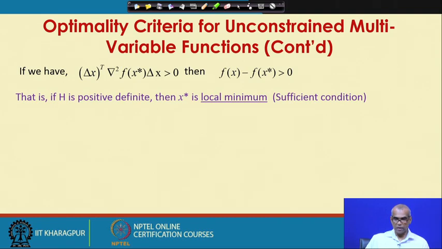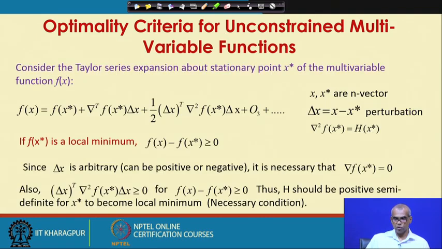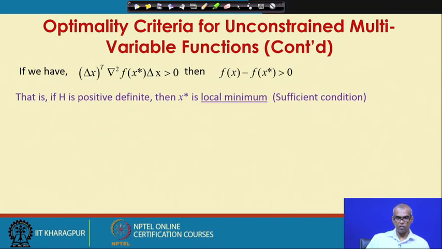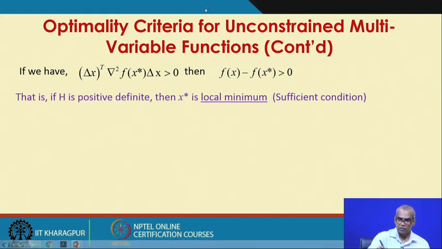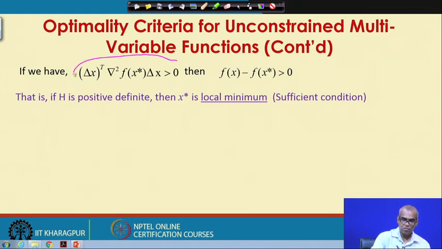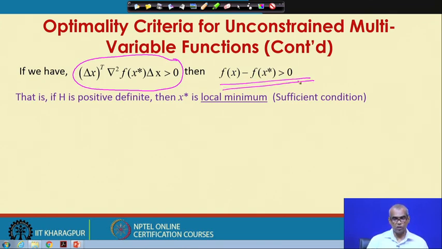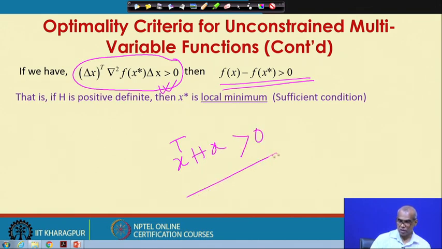So, f(x) minus f(x*) is greater or equal to 0 when this term is greater or equal to 0. But if I want f(x) minus f(x*) to be greater than 0, then this term must be greater than 0, and this is x transpose H x strictly greater than 0, which is the condition that H is positive definite.